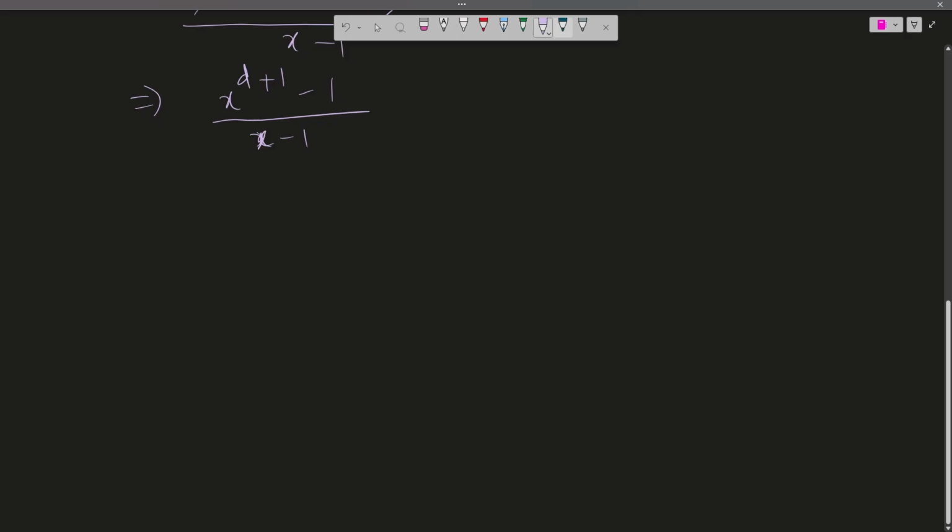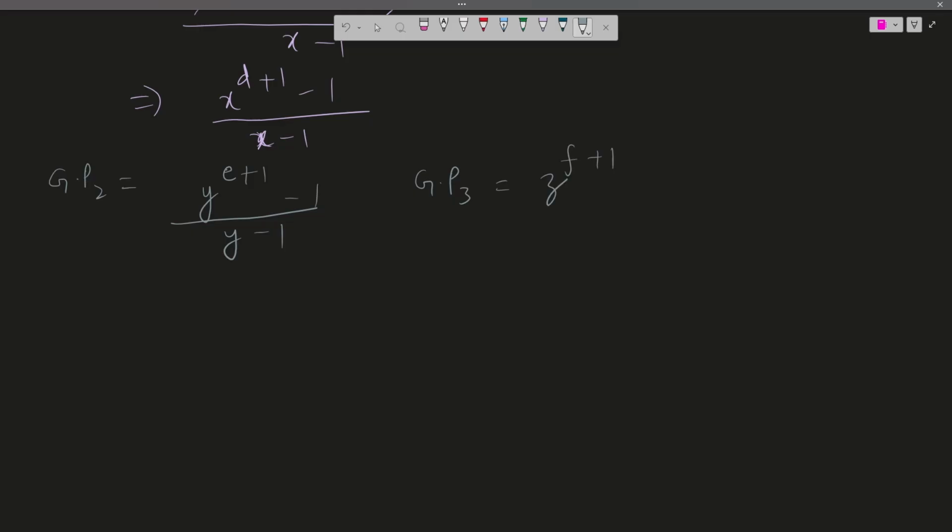By observing this sum, we can calculate the sum of GP2, which will be y to the power e plus 1 minus 1 upon y minus 1, and the sum of GP3 will be z to the power f plus 1 minus 1 upon z minus 1, right?